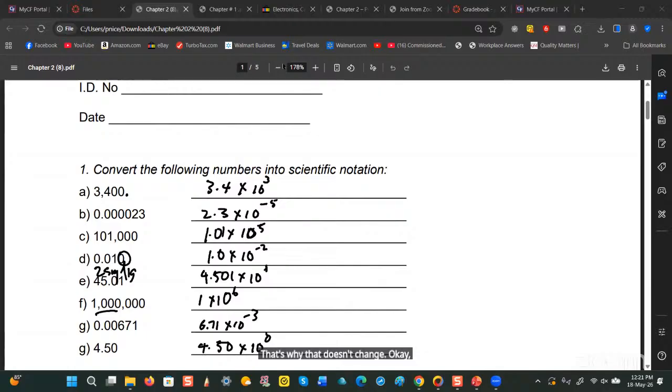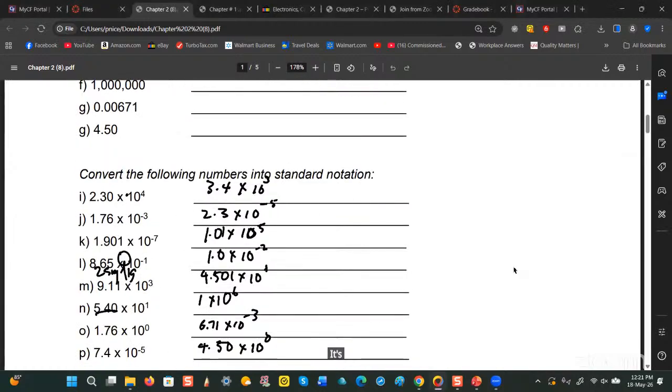Okay, so if you understand what we have just done, then you should now be able to do the second part of number 1. In the case of the second part of number 1, it's the reverse. Let me clear this here first.